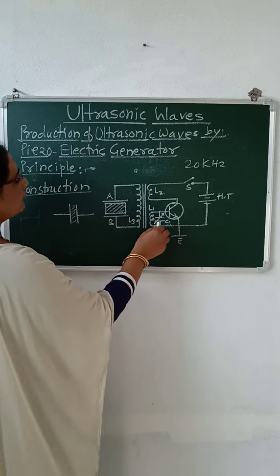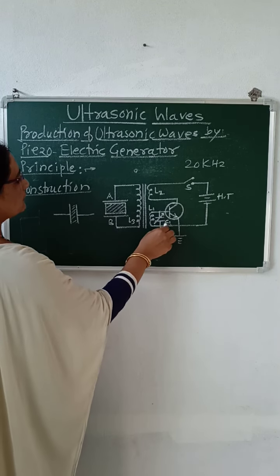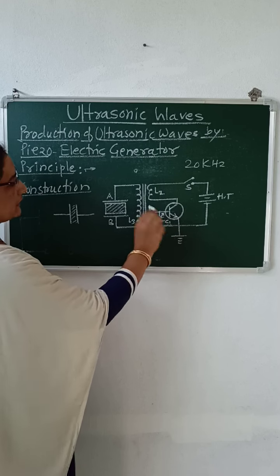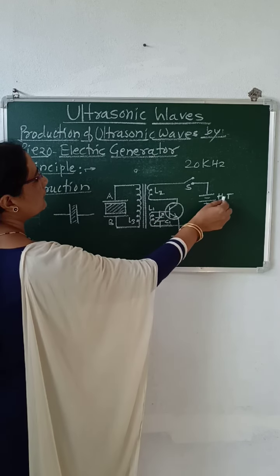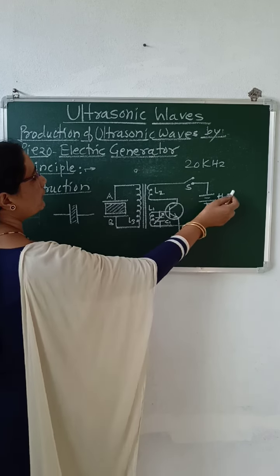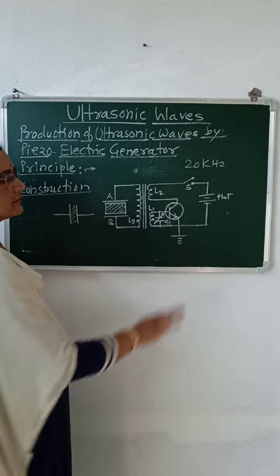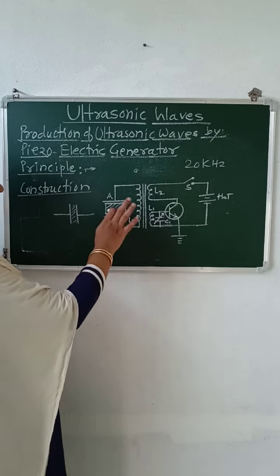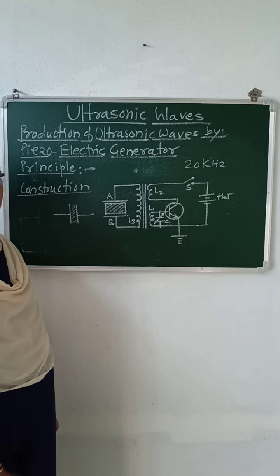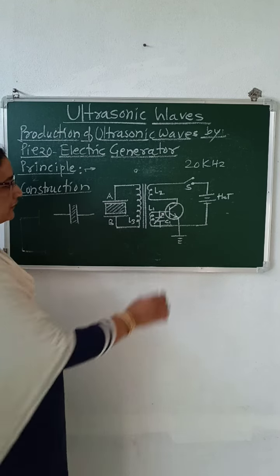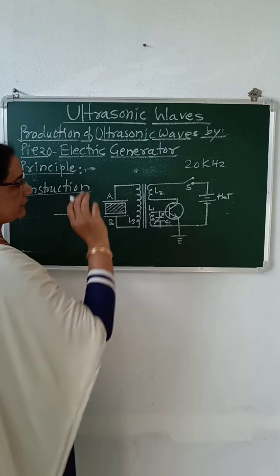And therefore here we consider the base tuned oscillatory circuit. Here we consider a high tension, that is, a high voltage is given to that circuit. This is the basic construction of the piezoelectric generator. It is called the piezoelectric generator.